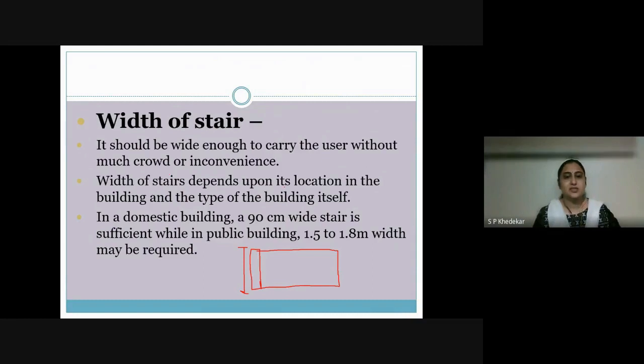The width of the stairs depends upon its location in the building and the type of building itself. For a residential building, a 90-centimeter width of the stair is sufficient. But for a public building, we need more width because more people use it, and hence a 1.5 to 1.8 meter width may be required.